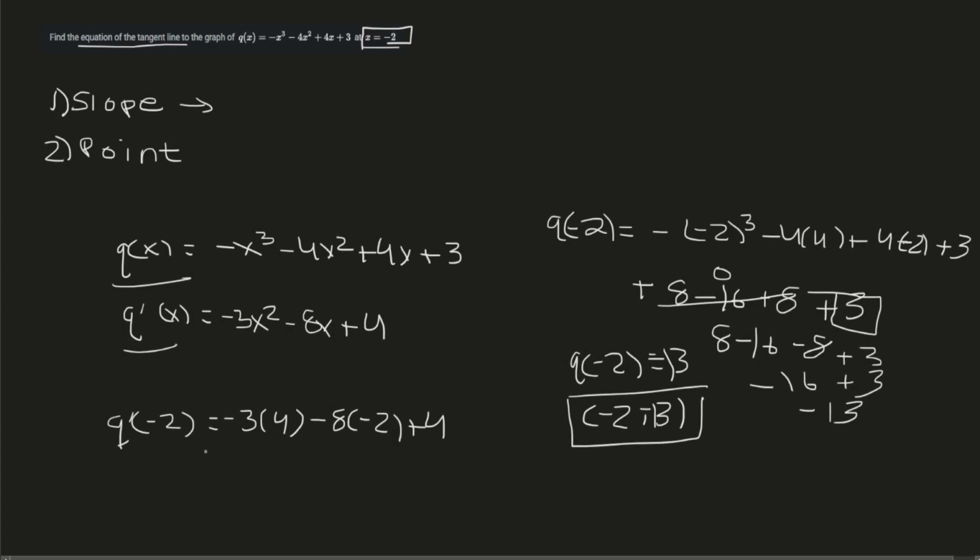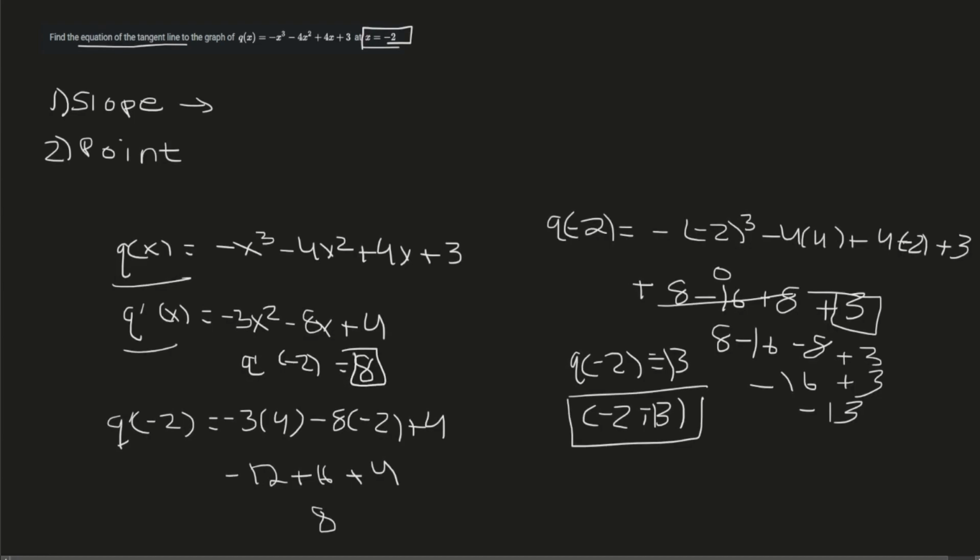And using the same thing here, we'll get negative 3 times 4, negative 12, minus 8 times negative 2, plus 16, plus 4. So 16 plus 4 is 20. 20 minus 12 will be 8. So we know that q prime of negative 2 equals 8.